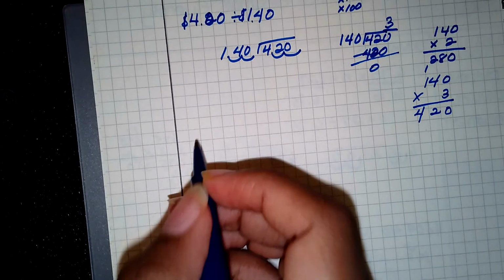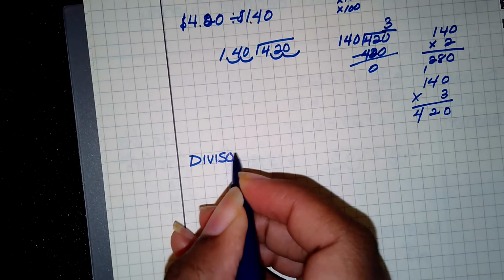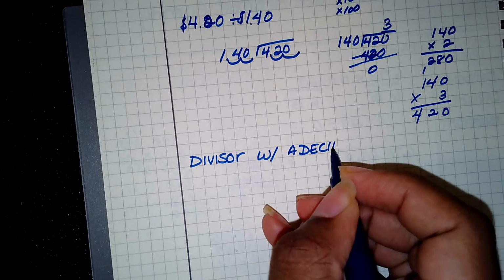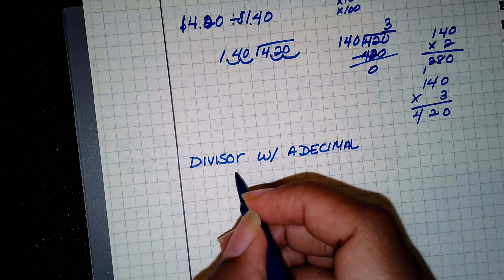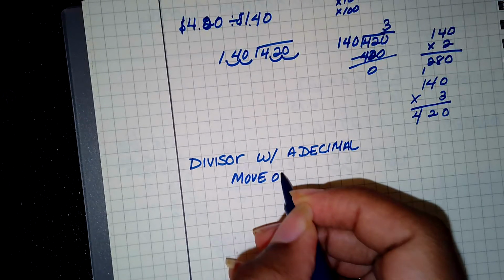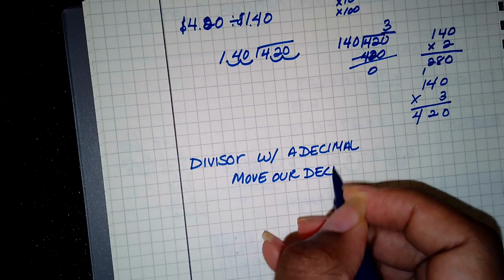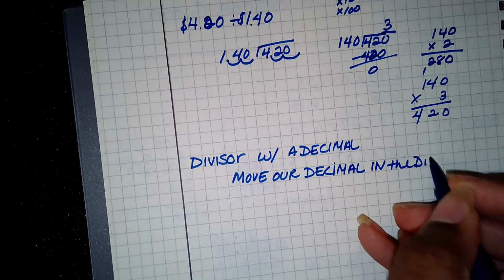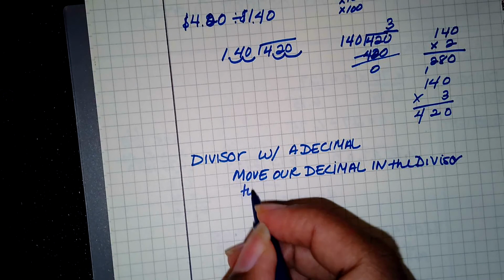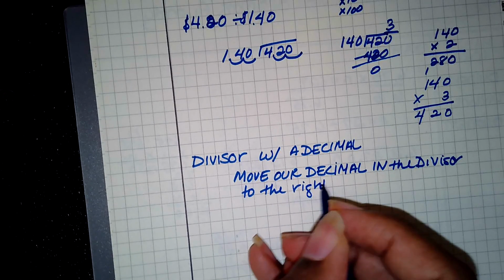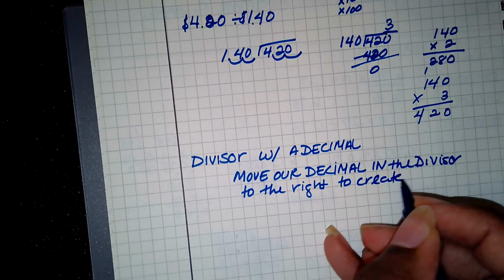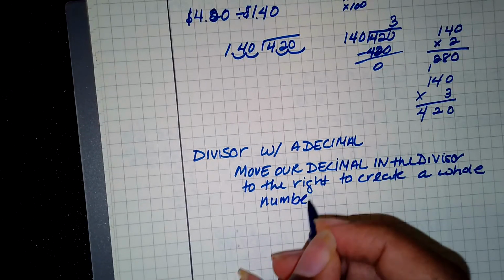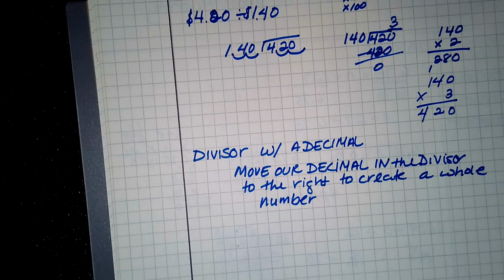So when we have a divisor with a decimal, we need to move our decimal in the divisor to the right to create a whole number, which means that we are multiplying by powers of 10.